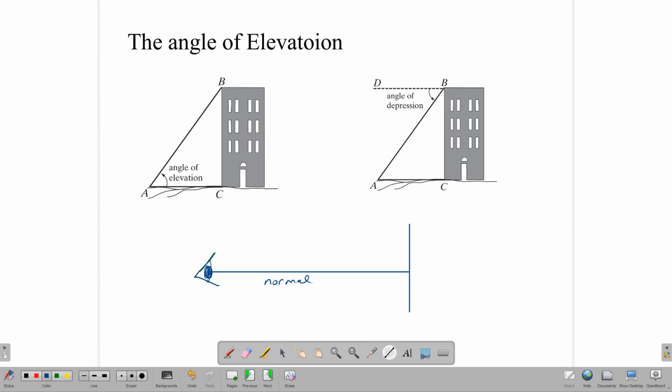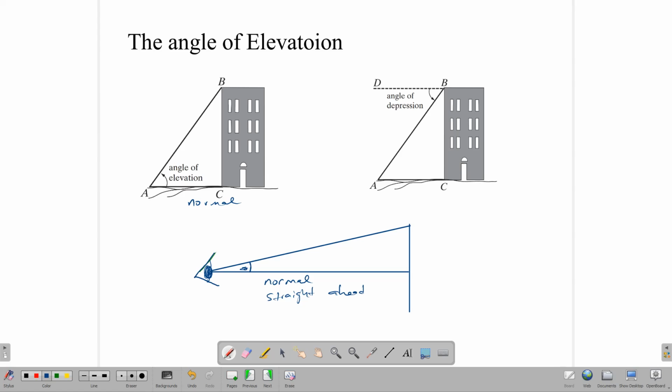So if this is our normal line of sight, which is straight ahead, and let me just write that, straight ahead, and then we look upward at something, then we create an angle right here, which is what we call our angle of elevation. So this is where we are, this is our normal, so we rotate our eyes upward, and so this becomes our angle of elevation because we're looking up.